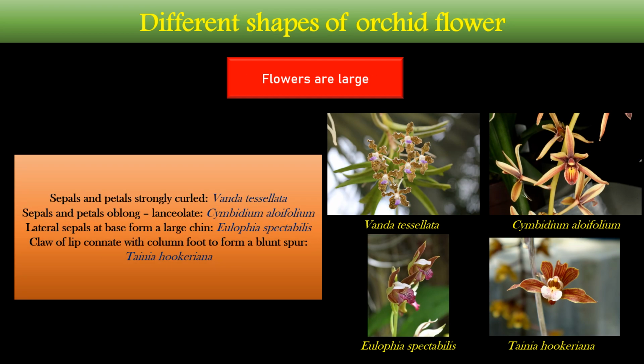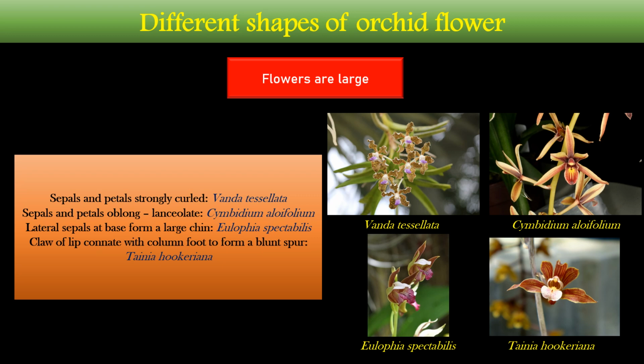That brings us to flowers that are large. In our earlier slide I talked about flowers that are very large. Now we come to those less in size than the earlier ones, so flowers that are only large. In that, the main characteristic is sepals and petals strongly curled, as in Vanda tessellata.